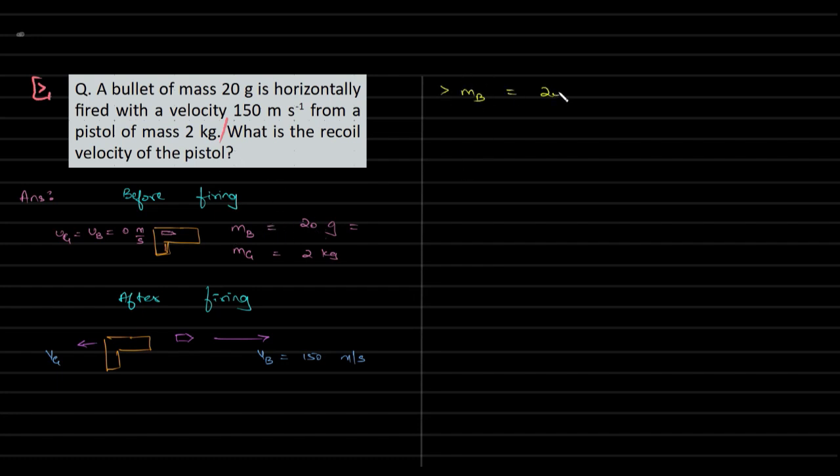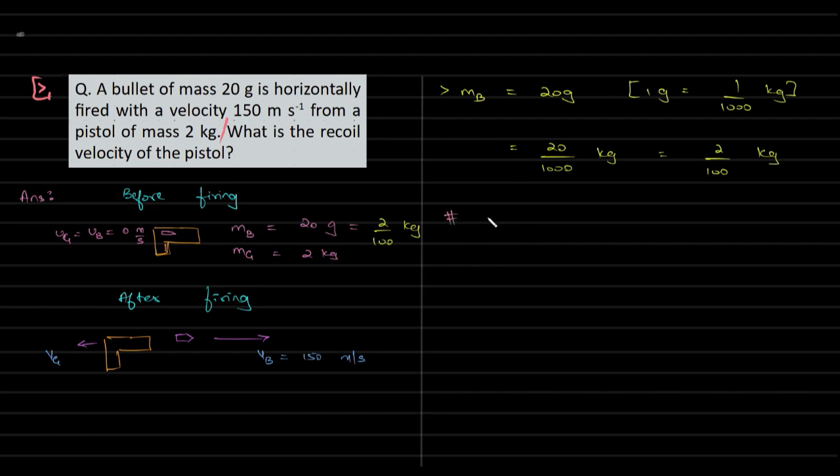MB is 20 grams, and 1 gram is 1 by 1000 kg, so this would be 20 by 1000 kg, which is 2 by 100 kg. You can write this as 2 by 100. Don't convert further, this is good enough.